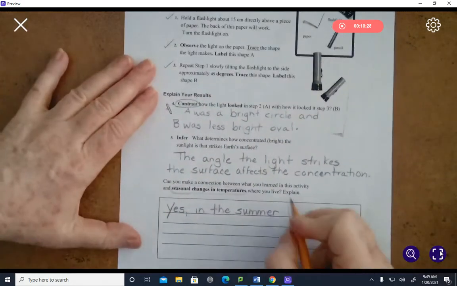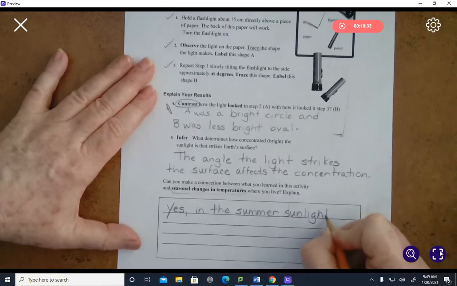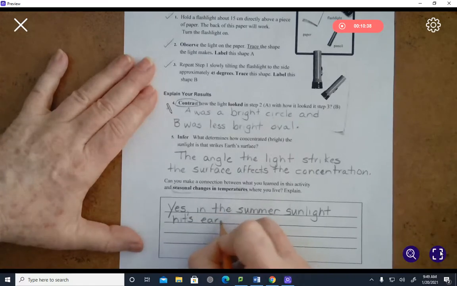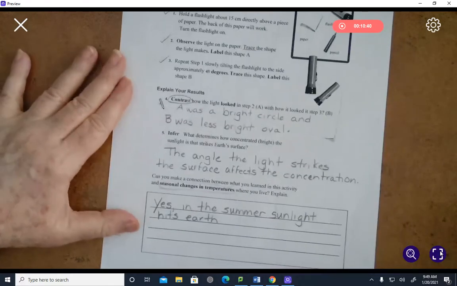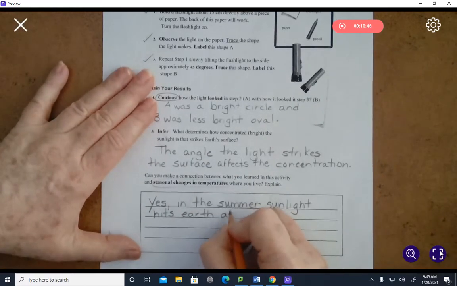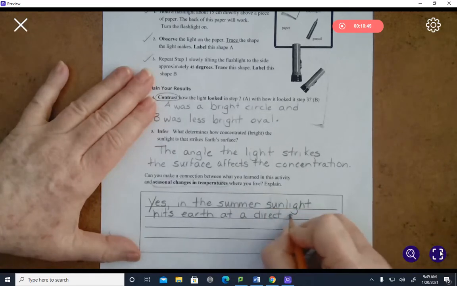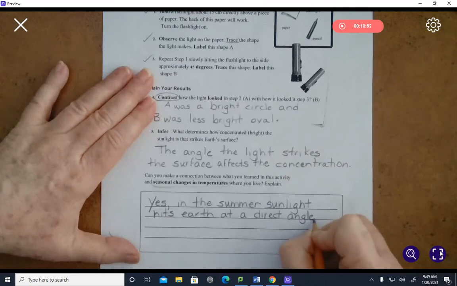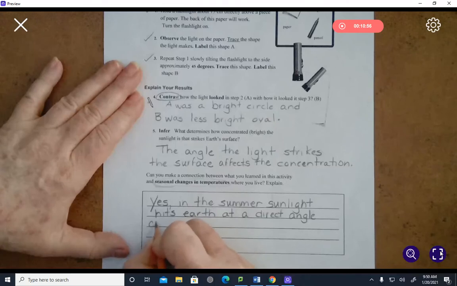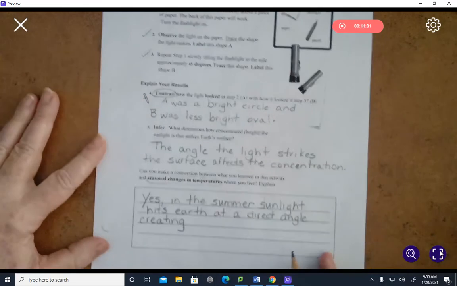Let's just say sunlight hits Earth at a more direct angle, making or creating, and now this is where I'm going to stop, so I'll know whether you did this.